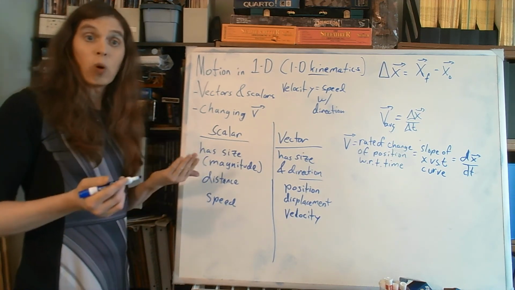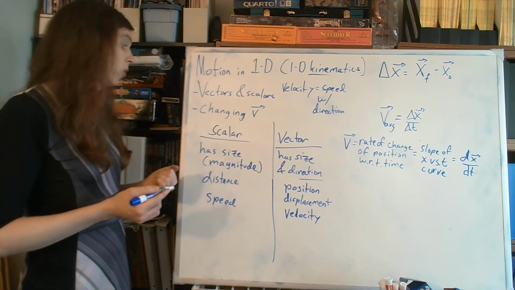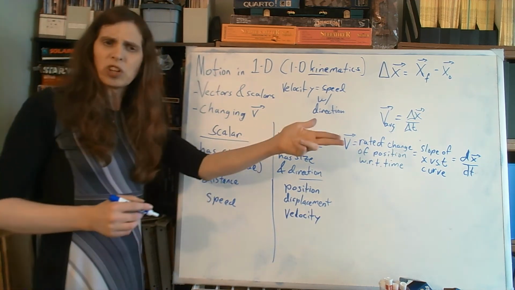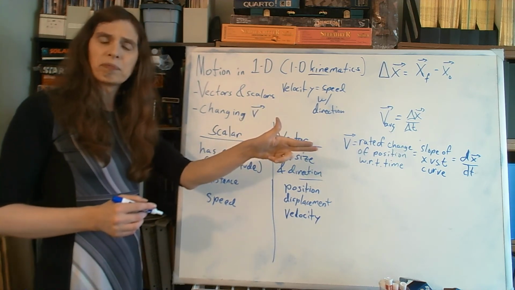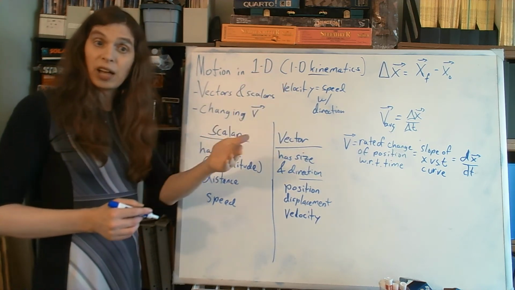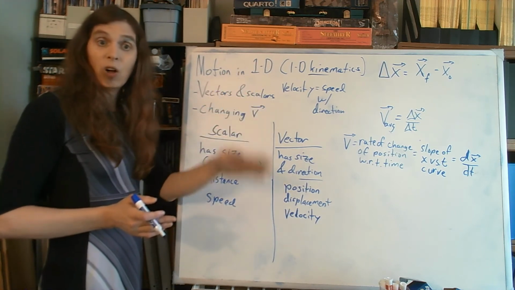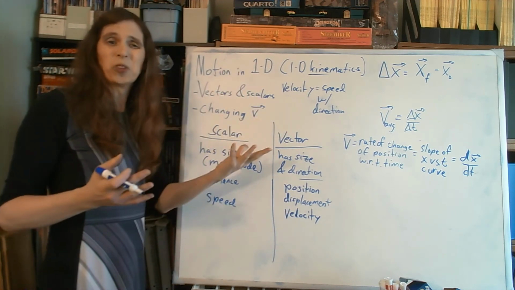So there are quantities that we have used here also. Time is essentially a scalar. We could talk about forward and backward in time, positive and negative values for it. But there's not like an angle off of time that's also in time.